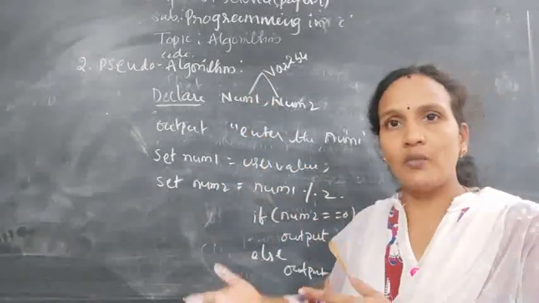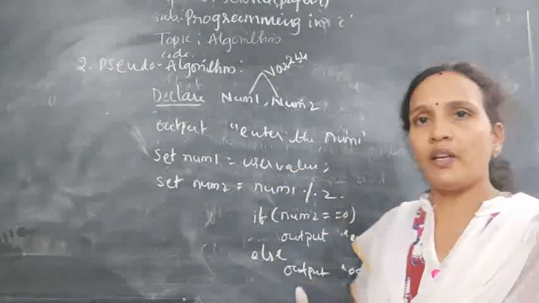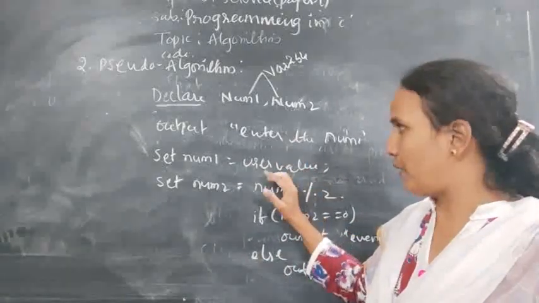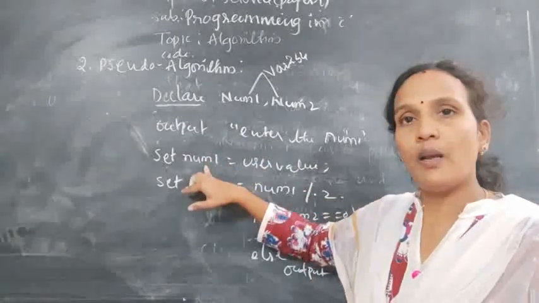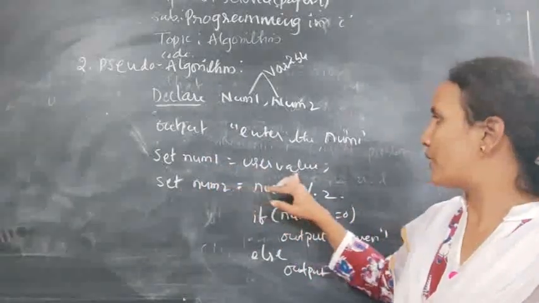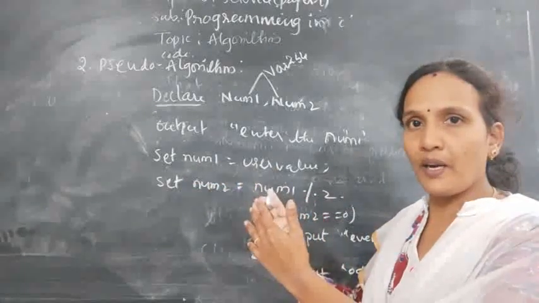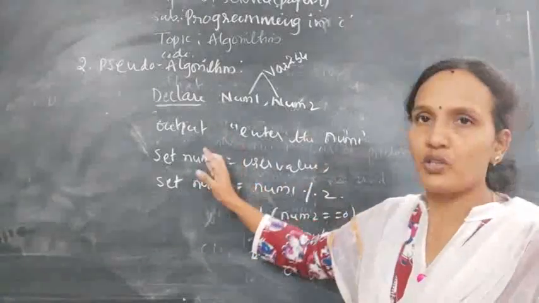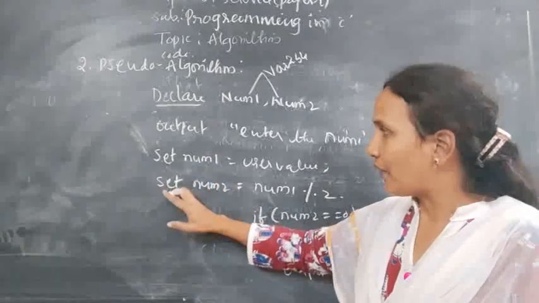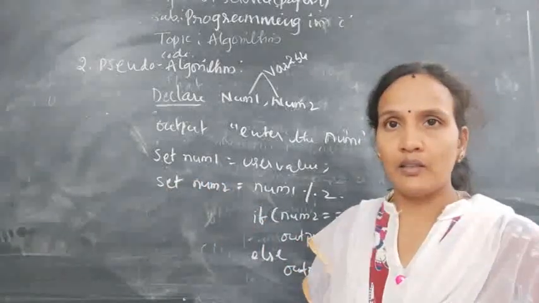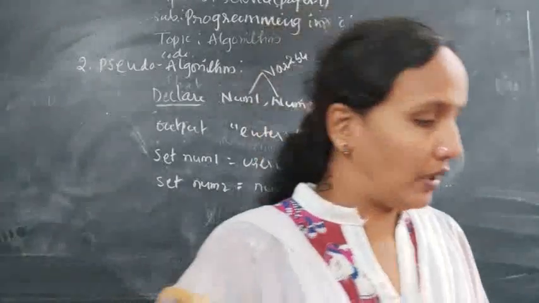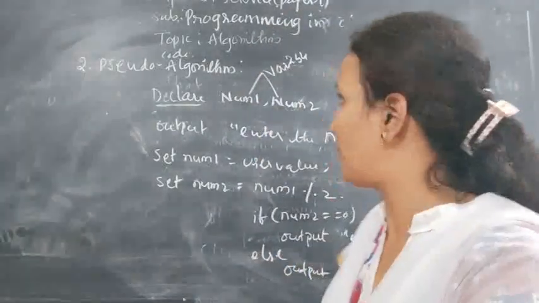In the second step, what are we doing? The user is giving the value. So when the user gives the value, that value is stored in number 1. Okay, the user value is stored in number 1. Whatever the left side operand is, the right side value will be stored in it. Next, after that, you need to calculate. I will write the same thing with the variables I have used.